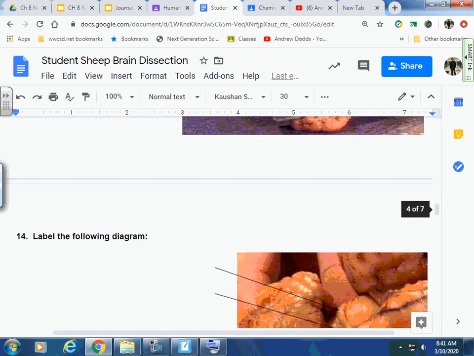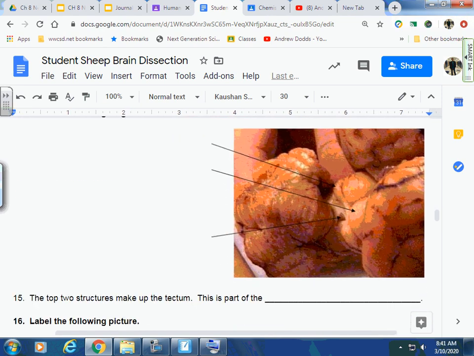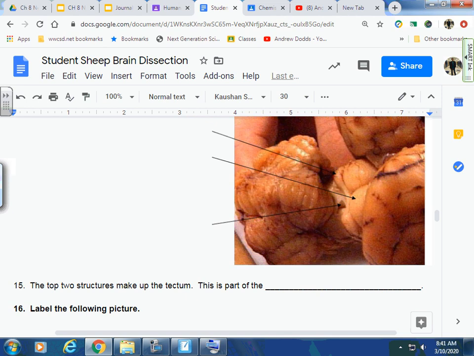All right, 14, more labeling. So on 14, we're labeling these two things here. This kind of flattened part, which is actually the inferior colliculus, or colliculi plural. And then the larger ones on top, which would be the superior.